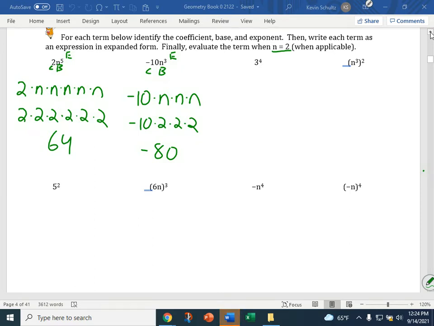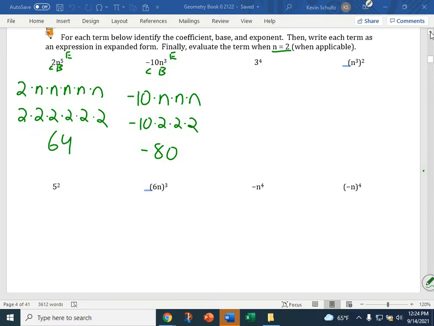So then we get to the last one in this row where we have some parentheses. We have n cubed to the 2nd power, that n cubed being in parentheses. Is there a coefficient written? There is not. If you were required to put 1, you just put a 1. There's no coefficient written.